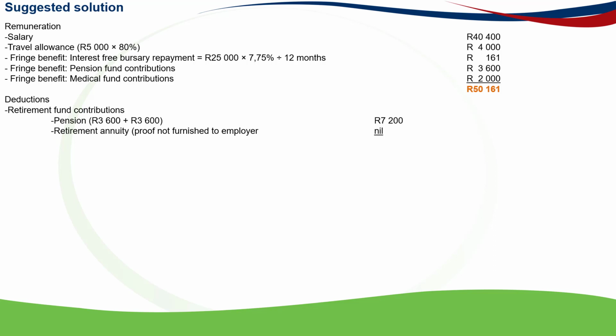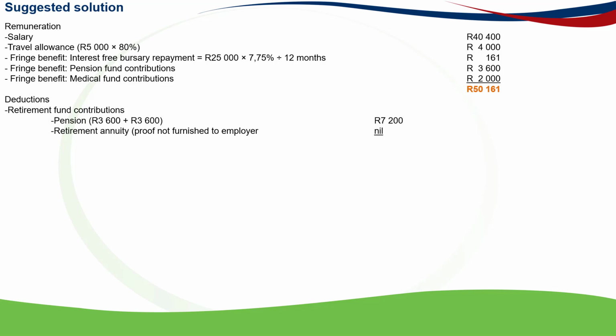This does not mean, however, that the retirement annuity fund contributions will not be considered in Solomon's taxable income calculation, right? So on assessment, the contributions made by Solomon will be considered in his personal taxable income calculation.